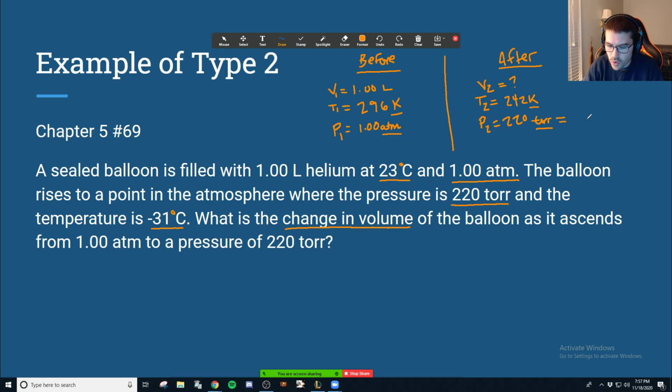If I do 220 torr times 1 atmosphere per 760 torr, so divide by 760, that's going to give me my atmosphere value. This is 0.289 atmospheres.